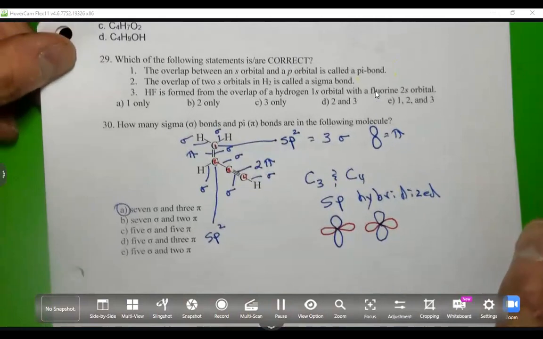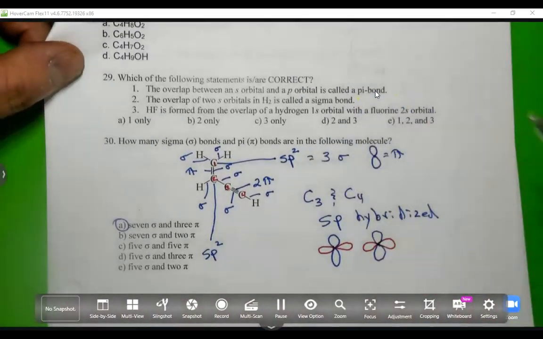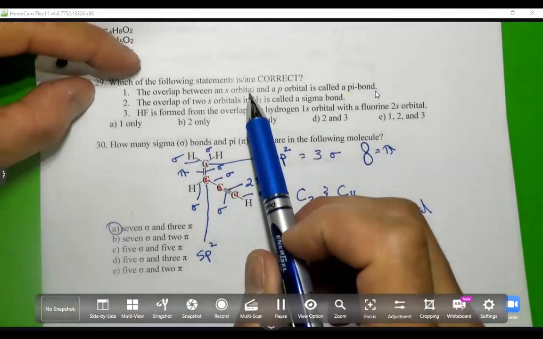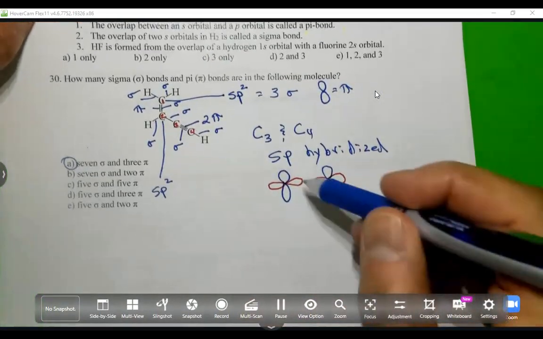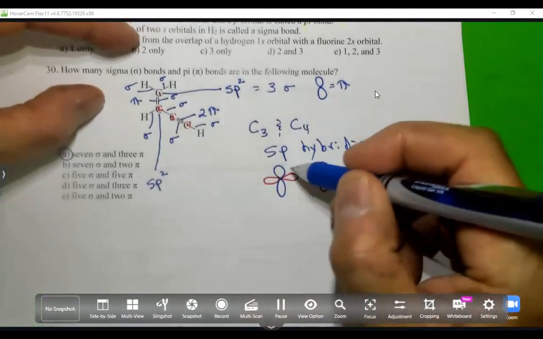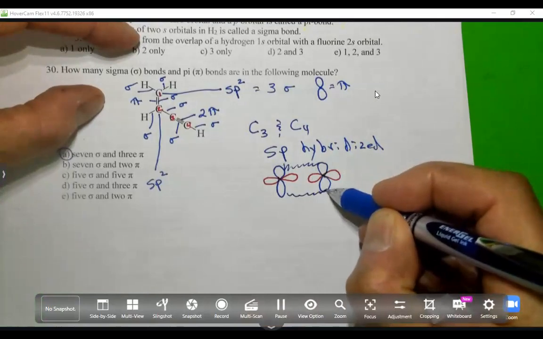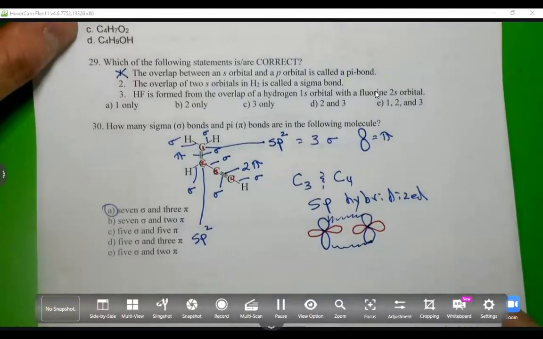Let's go up to 29. 29, which of the following statements is correct? The overlap between an s and a p orbital is called a pi bond. How do you get a pi bond? Overlapping parallel p's, correct? That's just garbage.